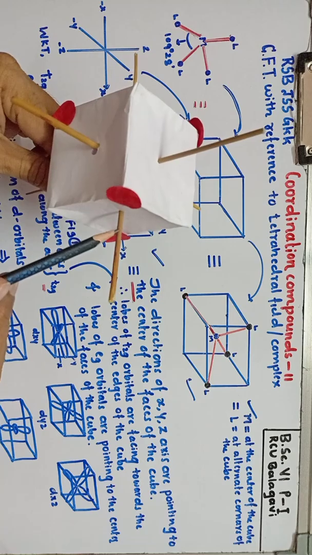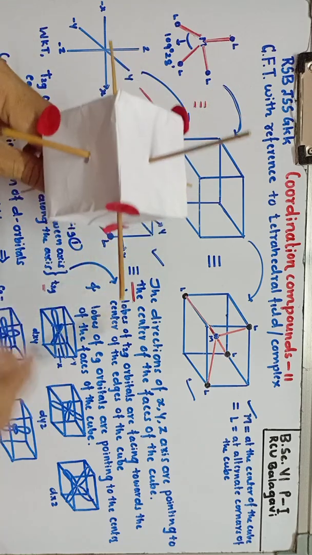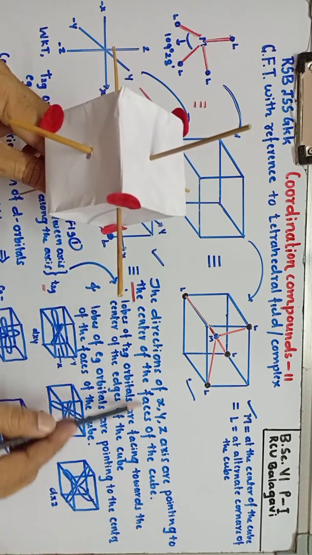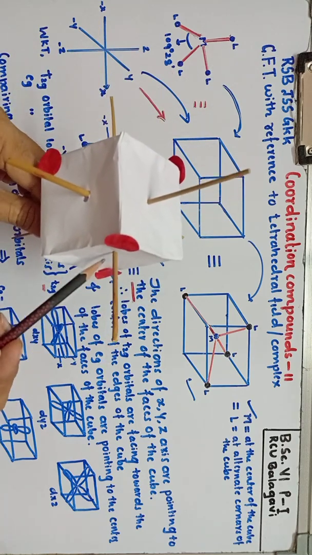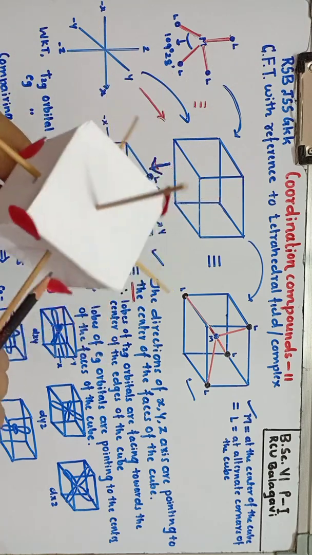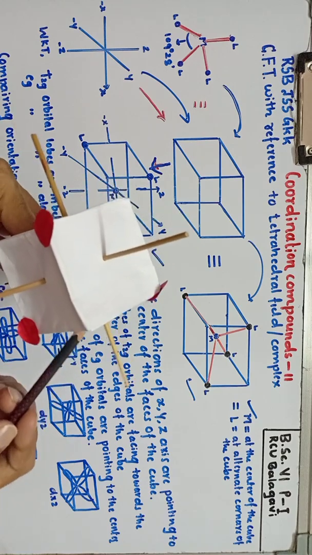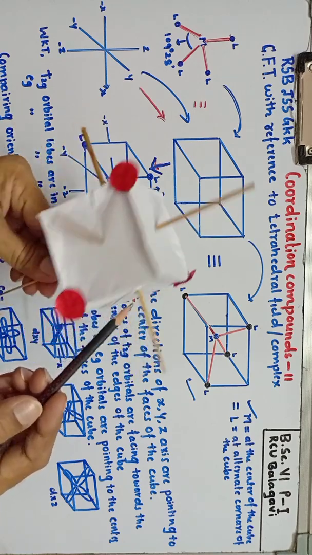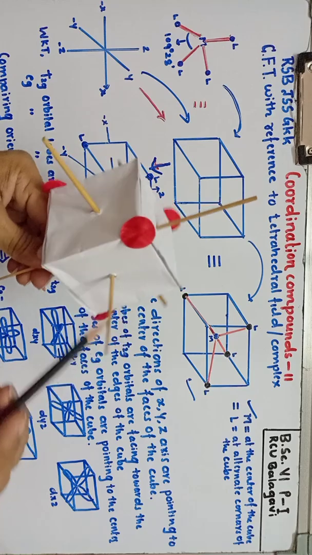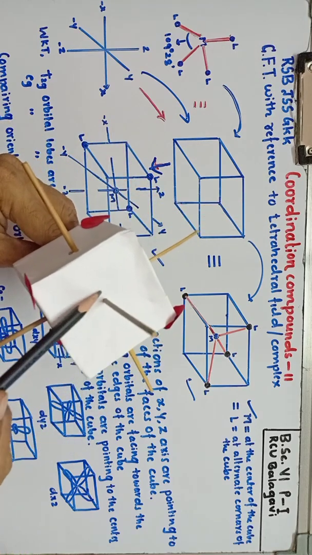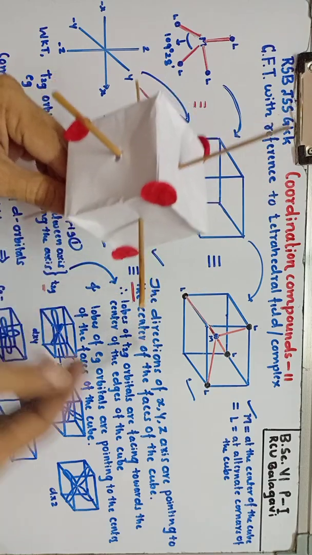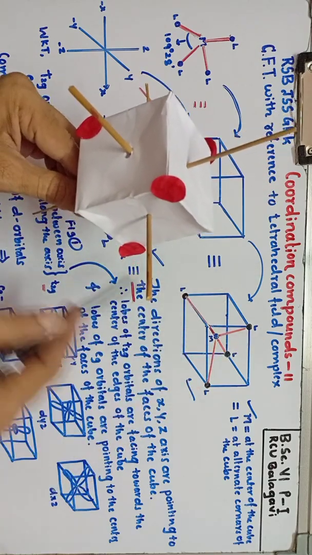Further, the directions of x, y and z axis are pointing towards the centers of the faces. Just see here, the x axis is exactly passing through the center of this face and the y axis is exactly passing through the center of this face of the cube. Similarly, the z axis is also passing exactly through the center of the face of this cube. So this is how the ligands are arranged in a tetrahedral arrangement.